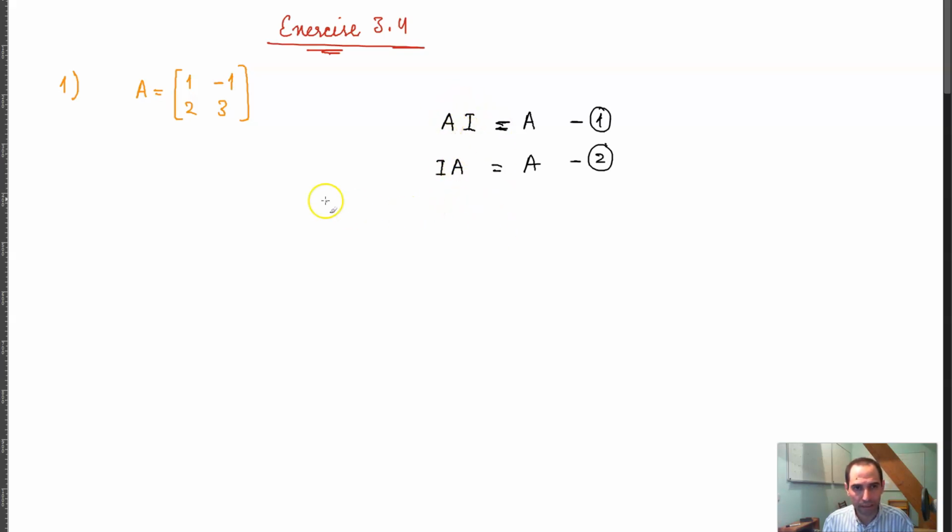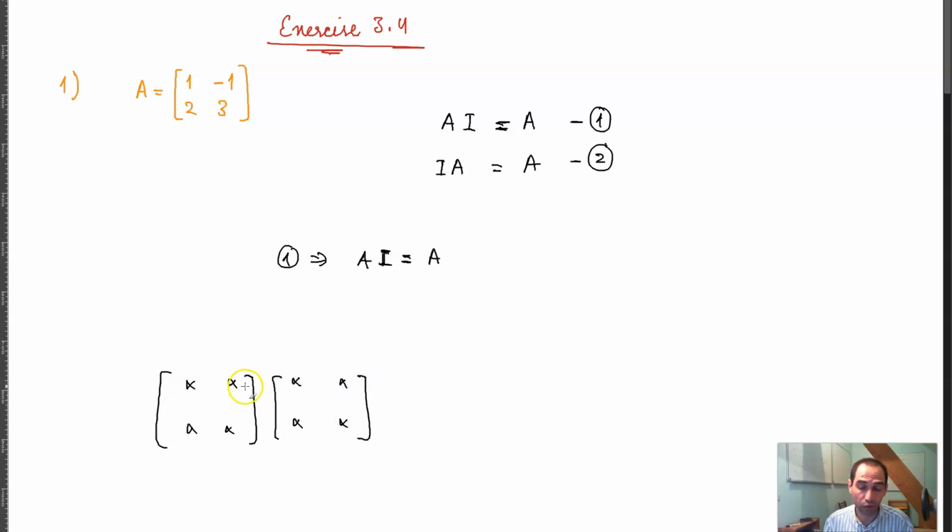The reason is that if I pick number 1 and write AI is equal to A, I basically do matrix multiplication. You know that matrix multiplication is not commutative, meaning that A times B is not necessarily equal to B times A. So the order here is important.